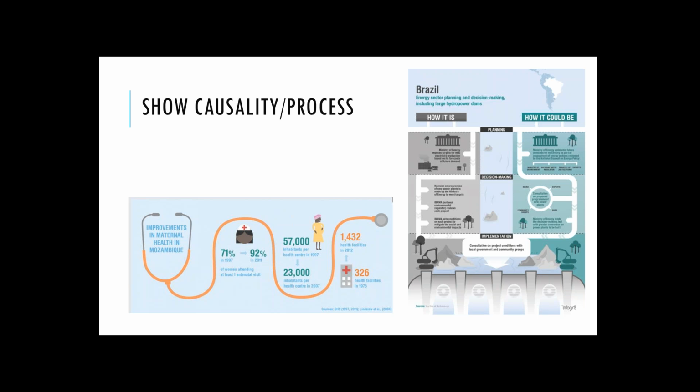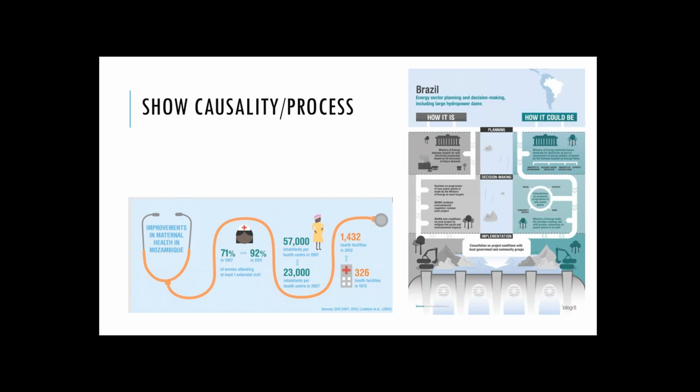The infographic on the right is another infographic we produced for our Brazil report. The left-hand side process shows how Brazil currently plans and decides where and whether to build its large hydropower dams that obviously have big impacts for the local environment and local communities.